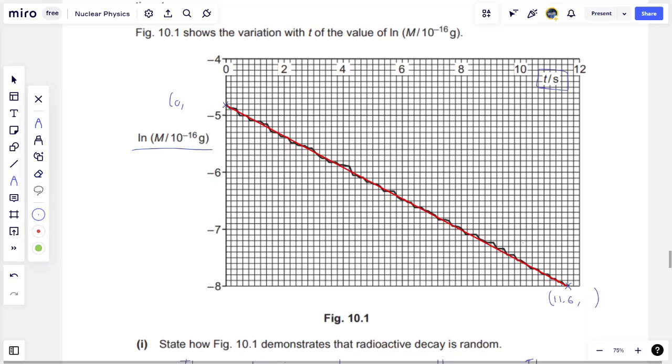Here we have -8, so I have to be very careful. I thought that was the x-axis or the origin, but it's not. It's -8, so that's 11.6 and -8. And above here we have 0. This is indeed 0, as we can see there, and -4.8.